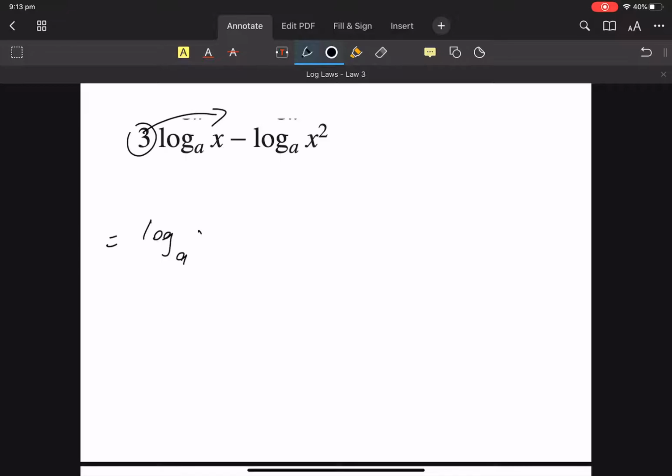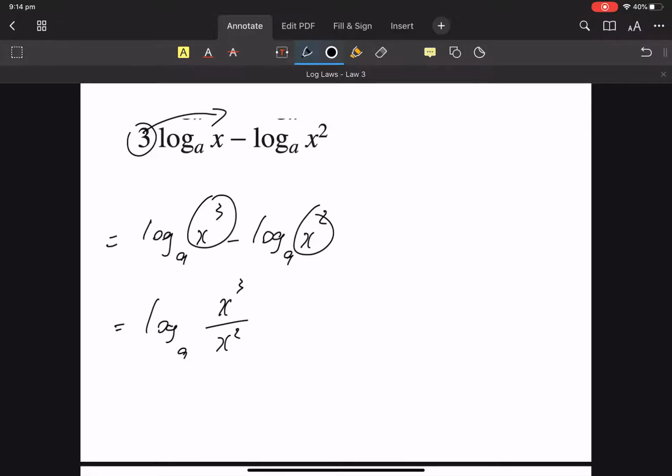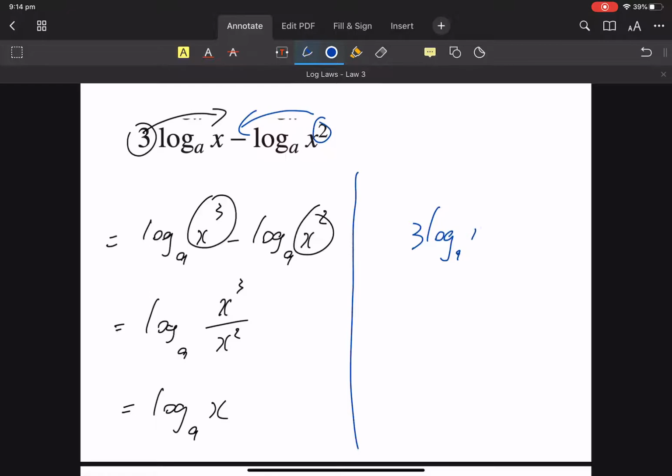Log a x cubed, log a x squared. Log a, it's going to be x cubed divided by x squared, which is log a of x. Let's get a different colour. Let's do it a different way. Let's bring that 2 down the front. Minus 2.